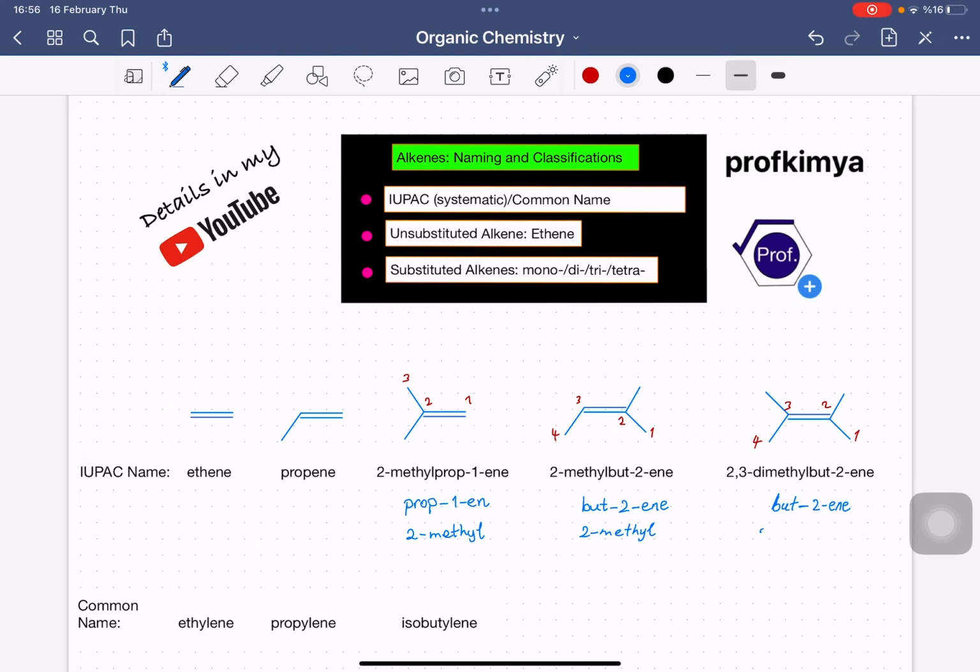At the 2 position there is a substituent, 2 methyl, and at the 3 position there is also methyl. We need to add these 2 substituents as a prefix.